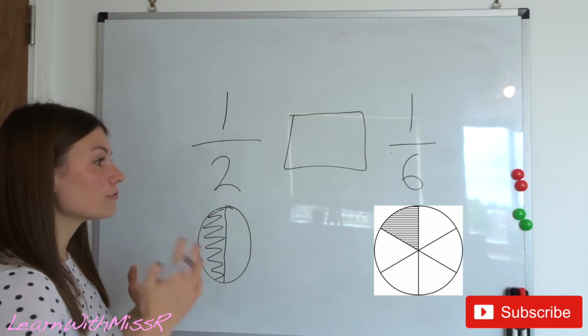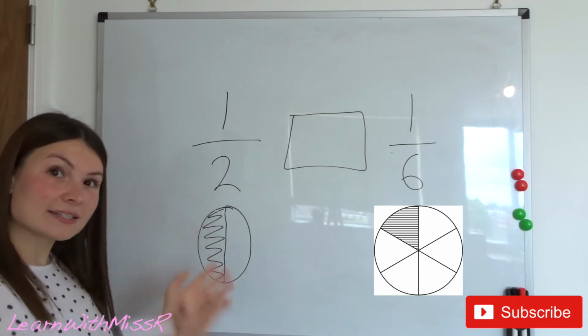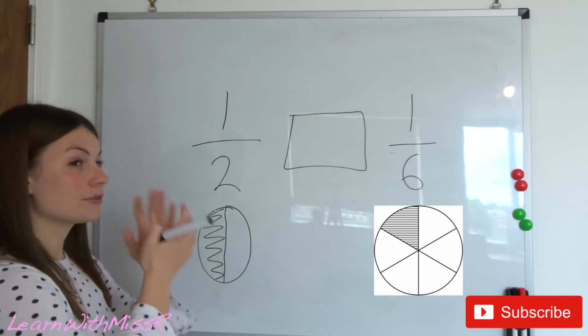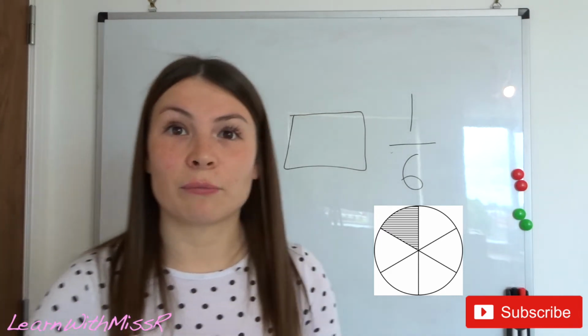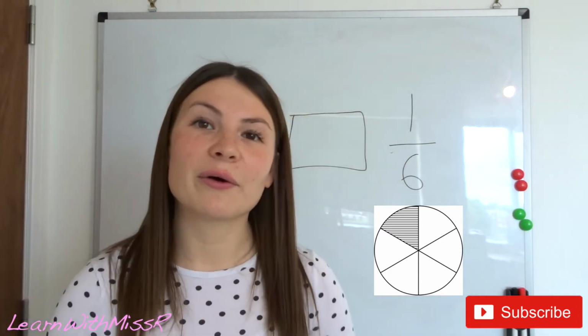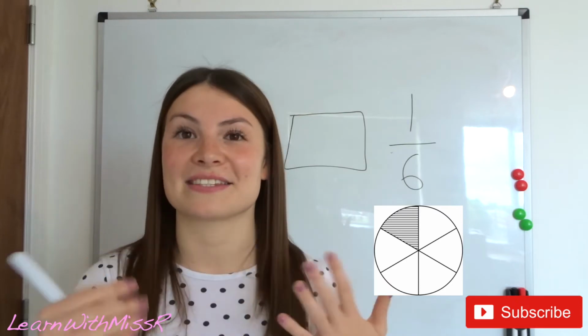And the reason for the rule being, the bigger the denominator, the smaller the fraction, is because if we imagine it as if we've got a pizza, I know I keep referring to pizzas, but I think this is the easiest way.